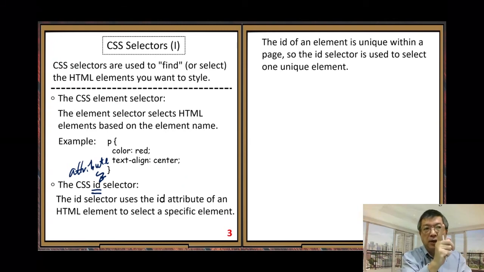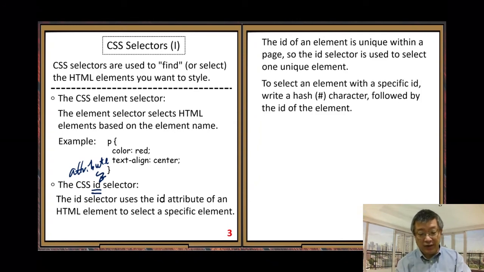One specific value of ID can only be used in one element. Otherwise, you will have some problems. So this is the uniqueness requirement for the ID attribute. The ID selector is used to select one unique element. So that's the second way for the selector.